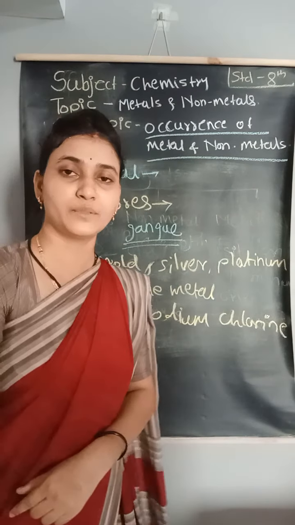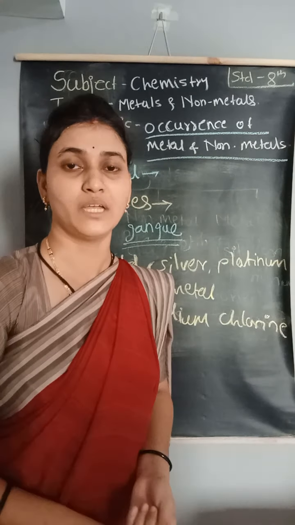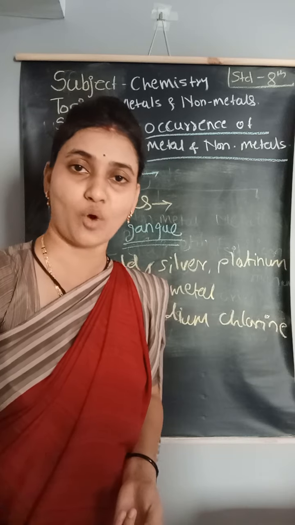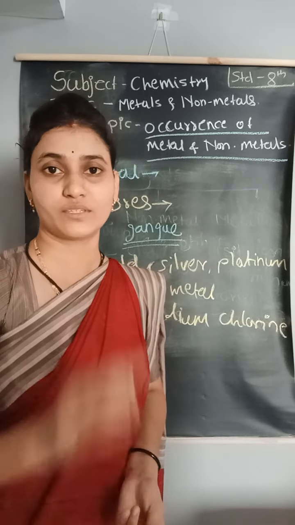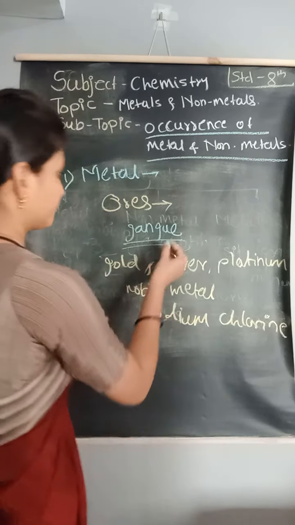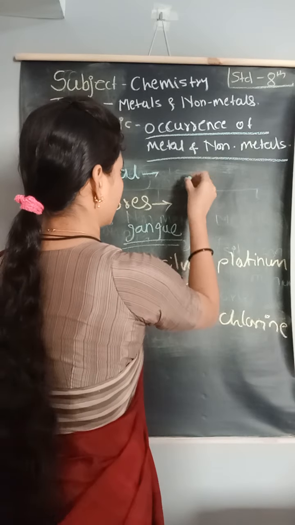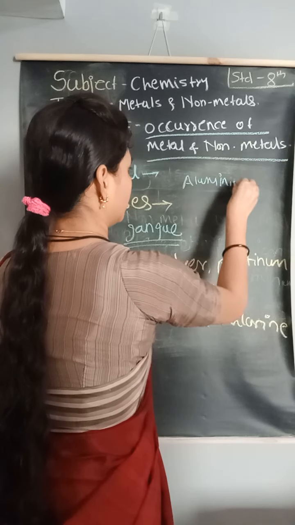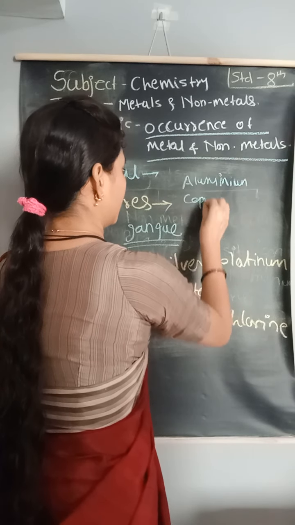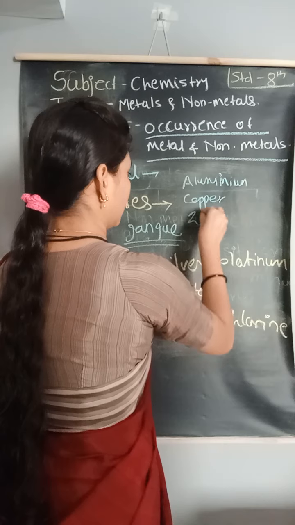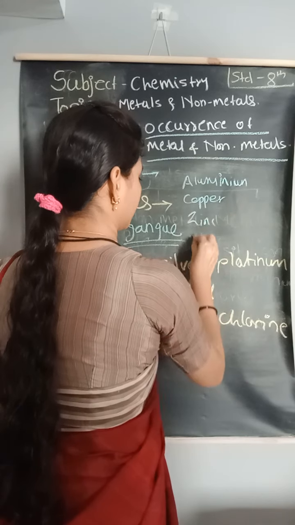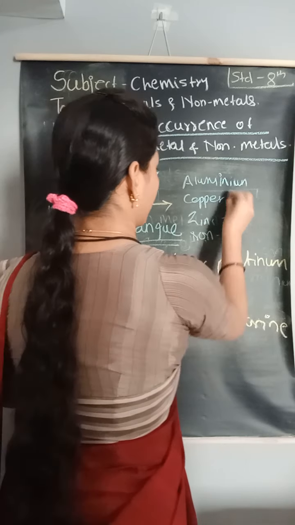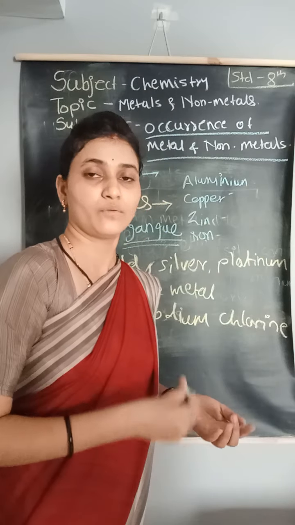The ores of the metals like aluminium, zinc, iron and copper contain oxides or sulfides. Which metals are those? Aluminium, copper, zinc, iron. Those are in the form of sulfides.